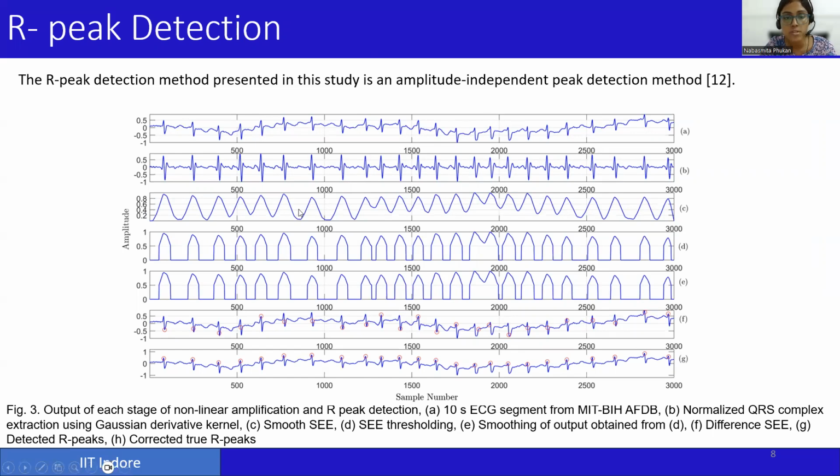Then we have the smooth Shannon energy envelope, followed by the Shannon energy envelope obtained after thresholding. Then after thresholding, we go for smoothing of the Shannon energy envelope, and then number F gives us the difference of the Shannon energy envelope, and finally we have the detected RPICs and the true corrected RPICs.